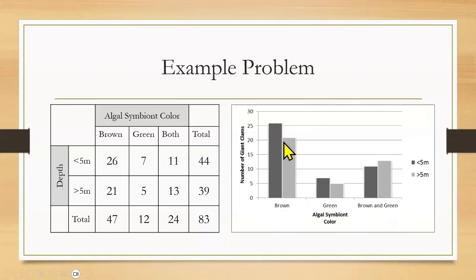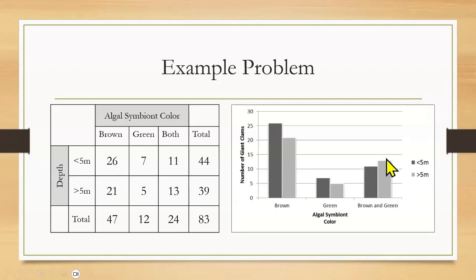All right, so notice we have a little bit of difference. I did these as raw numbers because there's not that much difference between the numbers we found in the depths. So it looks like we have a little more brown and green in the shallow, and a little more brown and green too. Sorry, brown separately, green separately.